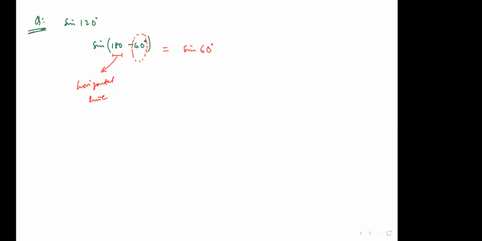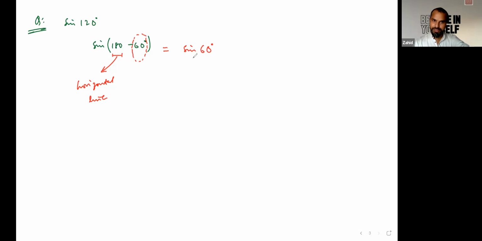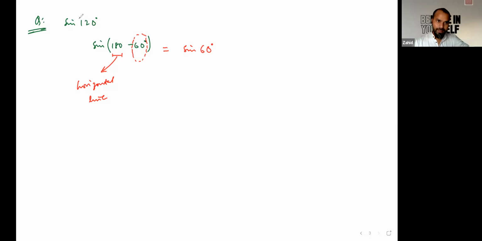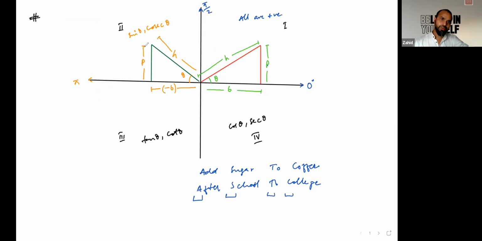Yes, sir. The next part is to define whether this particular trigonometric ratio is positive or negative in that particular coordinate. So let's see, 120 degree would lie in second quadrant. And as we have defined, in second quadrant, sine theta and the reciprocal cosec theta would be positive.